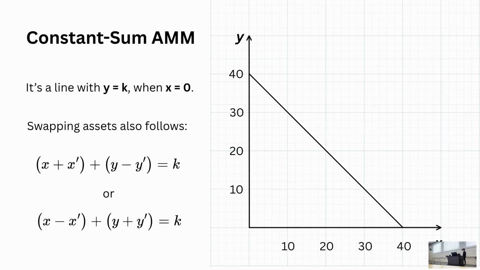It looks like this. It's a line where y is equal to k, the initial value of k, when x is equal to 0. Algebra 101. And swapping assets also follows a very similar formula, where you have the updated x token value and updated y token value, but now you're adding them, still equals to constant k.